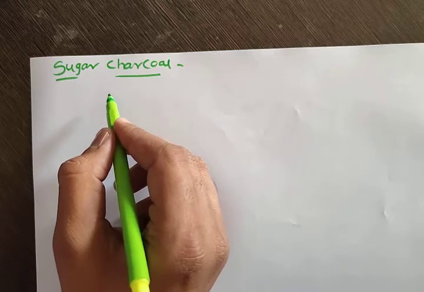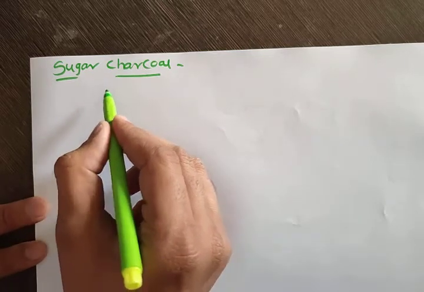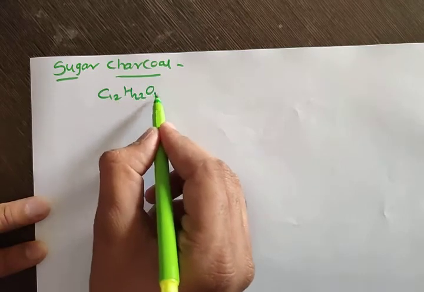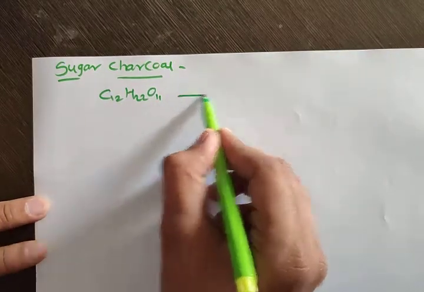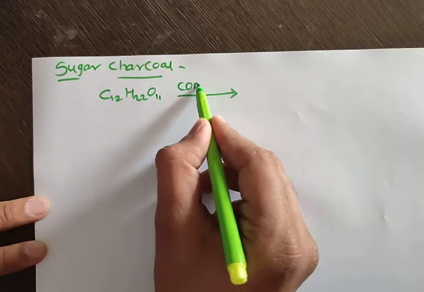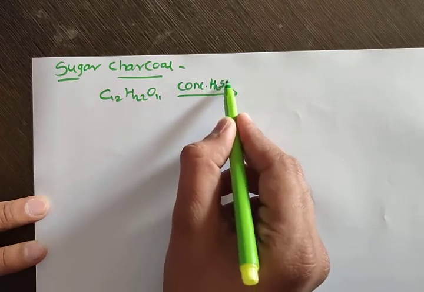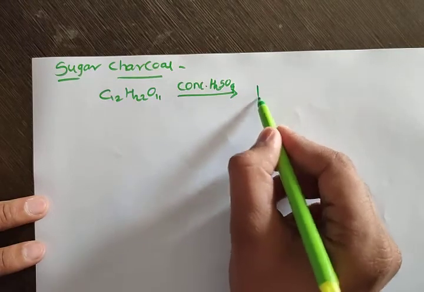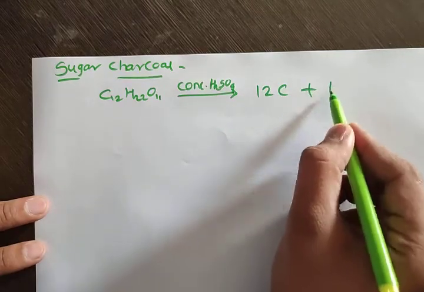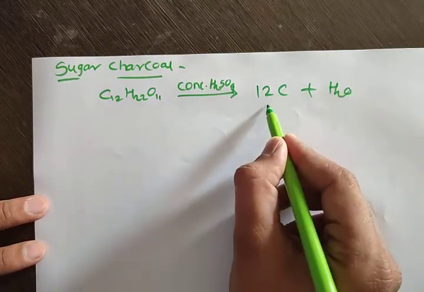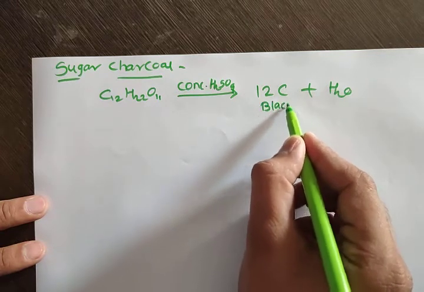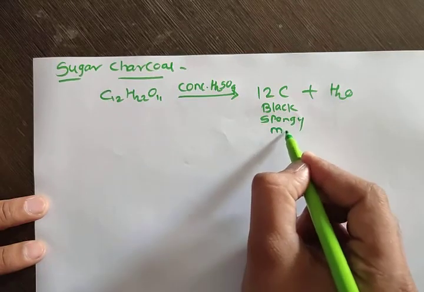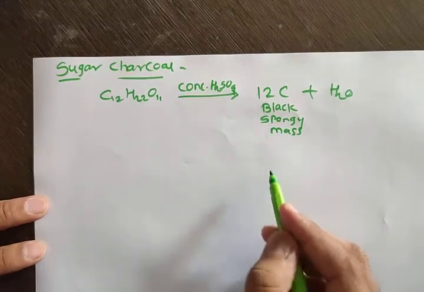Just take sugar, whose formula is C12H22O11, and add a few drops of concentrated H2SO4, that is sulfuric acid. It gives carbon plus water, and this carbon is a black spongy mass.